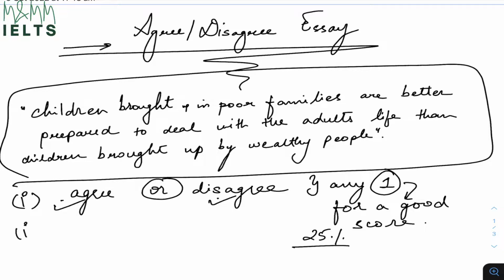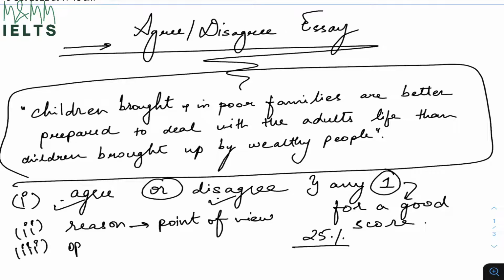Now, moving on, you have to keep in mind a few things you should not miss in your essay, and that is the reason for your point of view. So whenever you have a point of view, you should have a reason for it. You should share the reason why you agree or disagree. That reasoning is very, very important. And also your opinion, whatever it is, should be consistent throughout the essay.